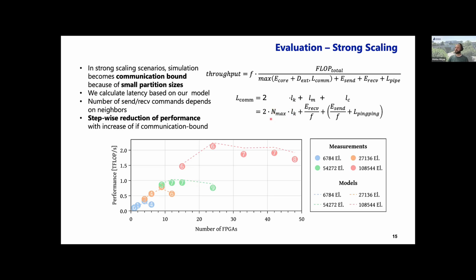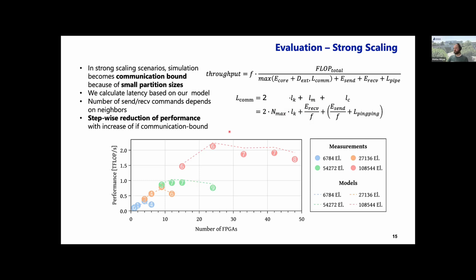So this basically adds this n max term to the communication latency equation, just because we have to do it for every neighbor. All the remaining part of the latency model stays basically the same.